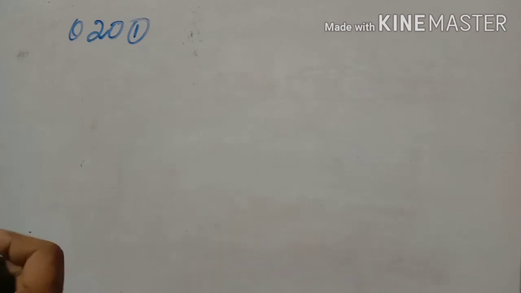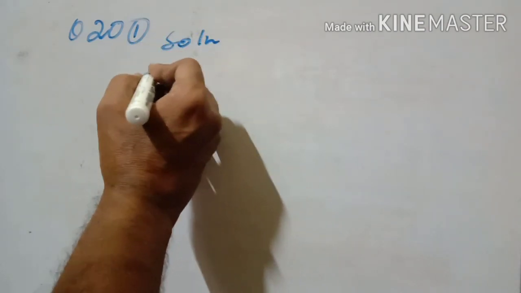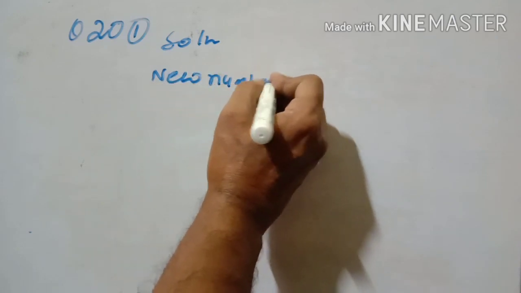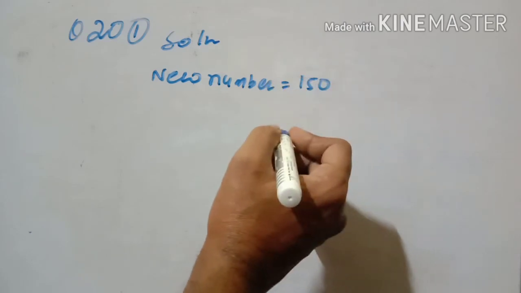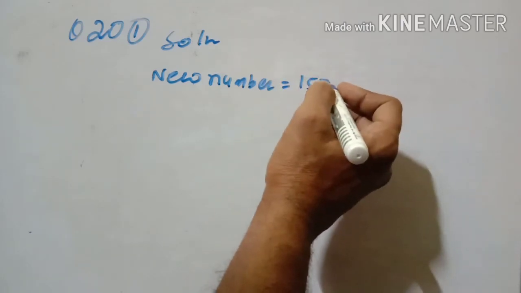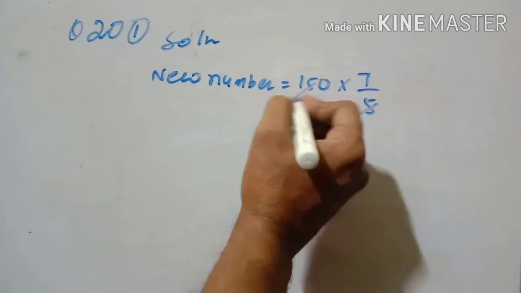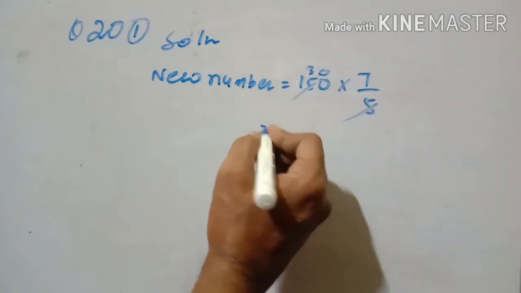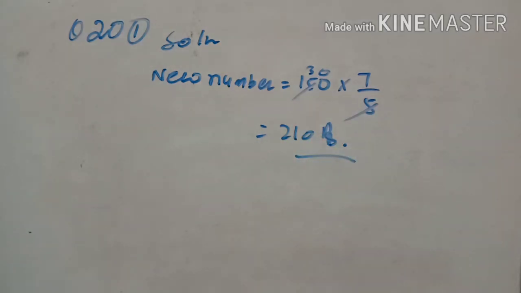So solution: new number equal to 150, and the ratio becomes reciprocal, so 7 by 5. So this is 30, which means 210. Write down. This is all from your exercise 6.1.